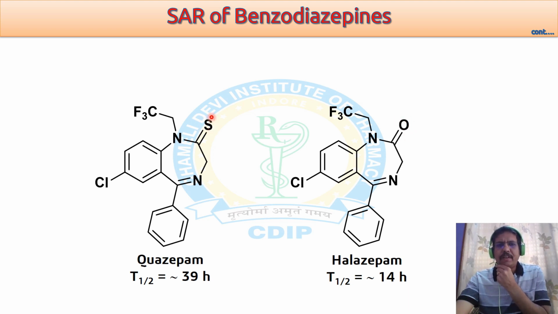Although this sulfur enhances the half-life of the compound as compared to the oxygen, because the rest of the molecule remains the same, the only change occurs on the C2 position, which is sulfur or oxygen. So ultimately they change the half-life. If it is an oxo derivative, then it has a shorter half-life as compared to the thio derivative.